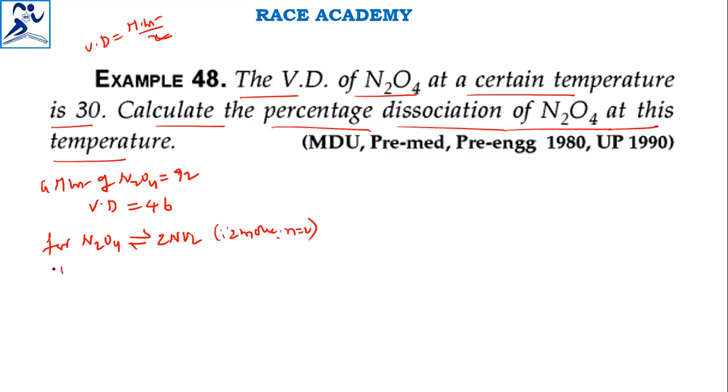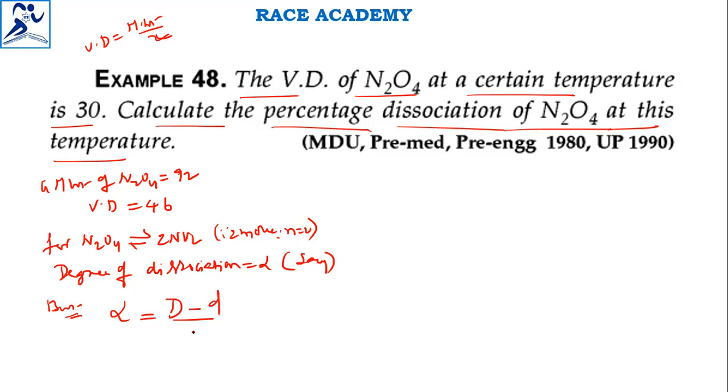If we take the degree of dissociation as alpha, then we have a relation between alpha, the vapor density and the density before dissociation: alpha is equal to capital D minus small d by d into n minus 1.